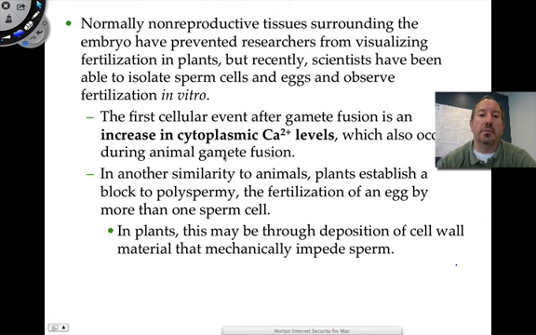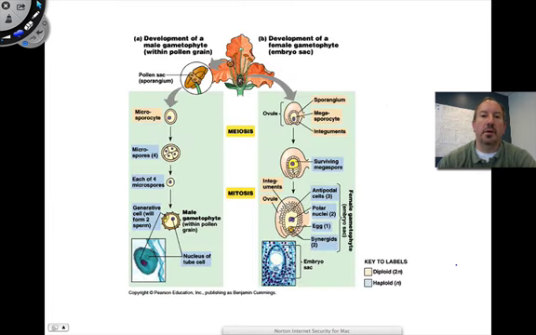It's very similar in animals. In animals, that creates a barrier that prevents more sperm from fertilizing, so you don't have an abnormal chromosome number. And so similarly, plants try to block polyspermy, in other words, multiple sperm nuclei from fertilizing their egg. And so it has to do with calcium, and it has to do with producing a thick cell wall which prevents other sperm from penetrating. And so this is probably way more than you've ever wanted to know or thought was possible.